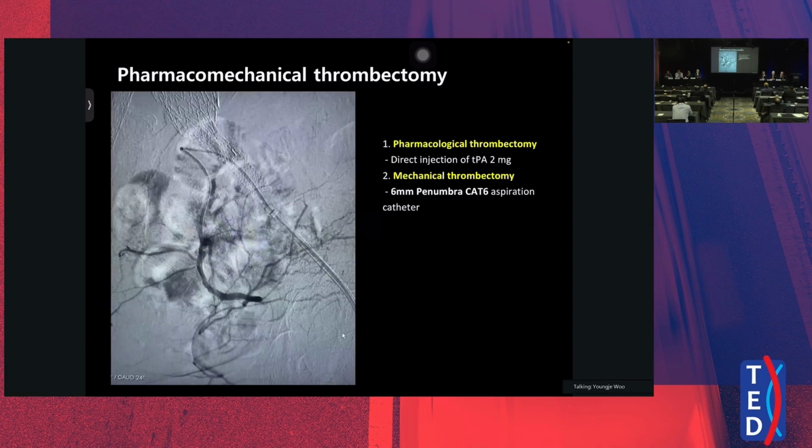And we injected 2 milligrams of tPA for pharmacological thrombectomy, followed by mechanical thrombectomy using a Penumbra aspiration catheter. As you see, a subsequent angiogram showed a significant restoration of blood flow.